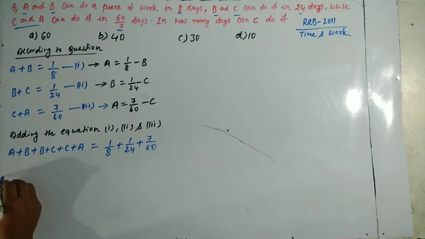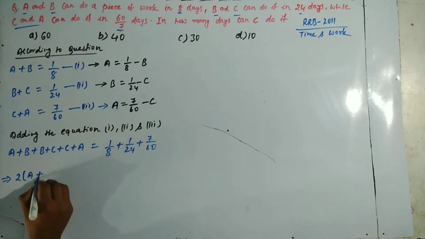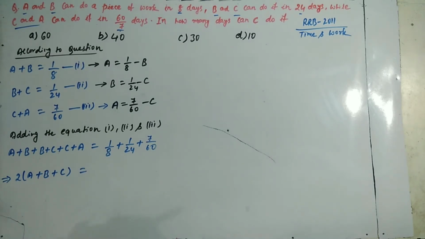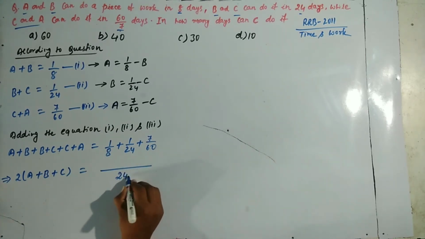Here 2 will be common, so 2 into A plus B plus C equals the sum of the right-hand side terms.